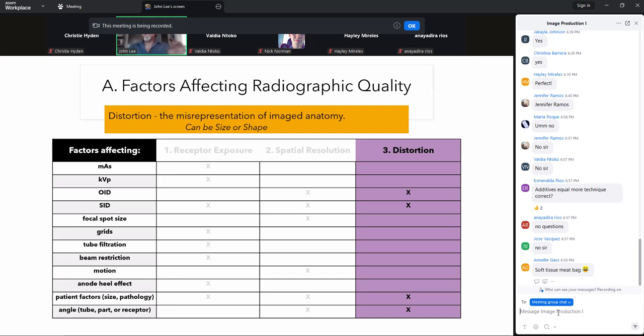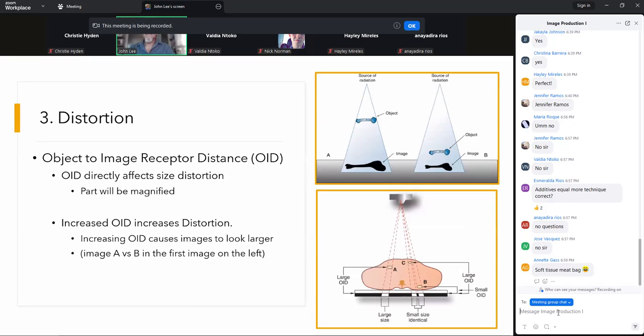We'll look at OID, SID, and patient factors and two-part angulation here. So distortion, of course, is any misrepresentation of size and shape of an object.